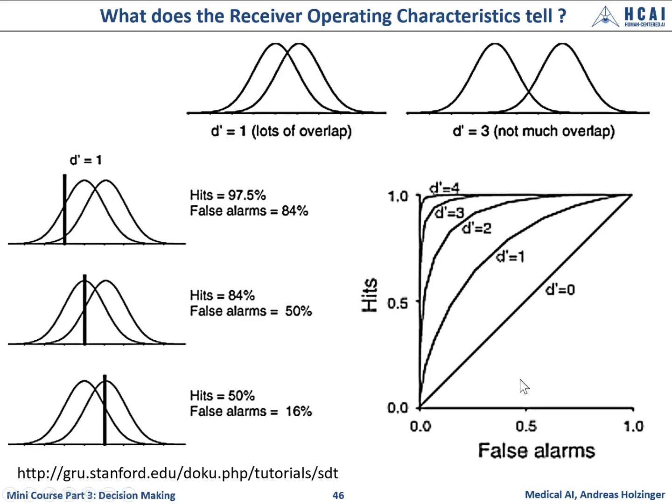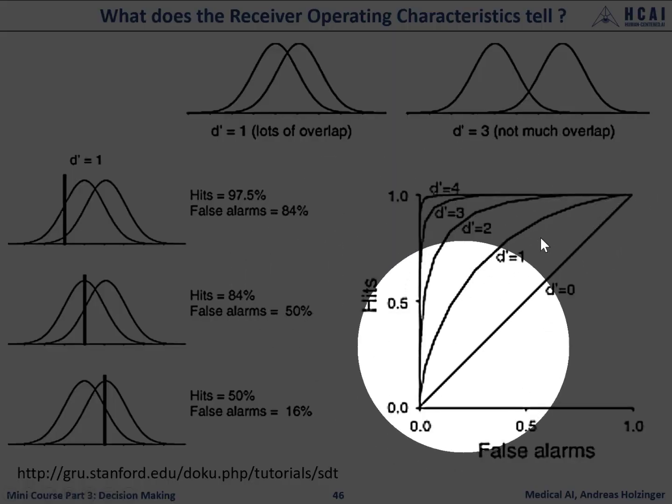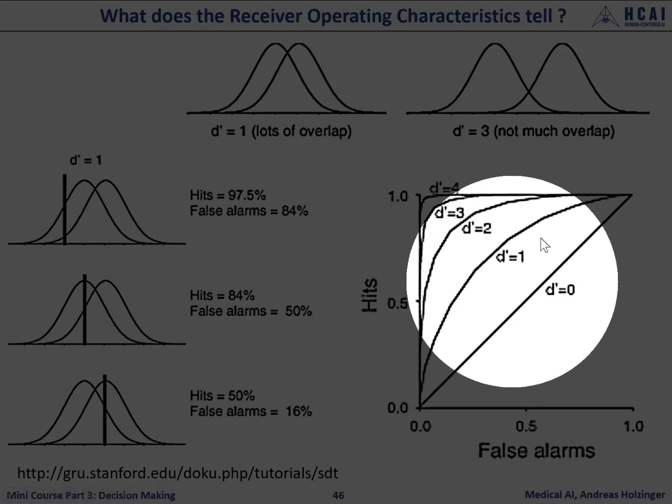So this was in use a long time before even machine learning was there. So in signal detection theory, we speak about this receiver operating characteristic, the famous ROC curve. And this is the curve which illustrates the performance of, for example, a binary classifier. So in here, this is a typical case.